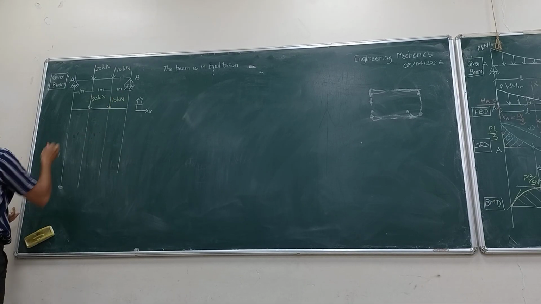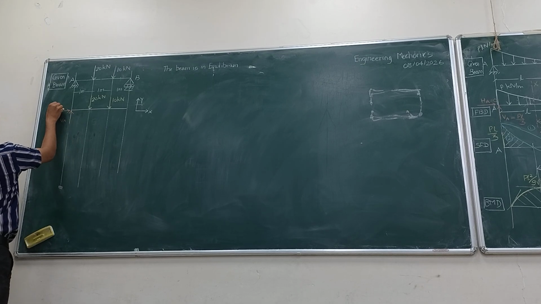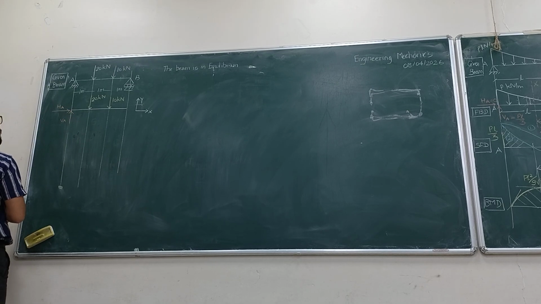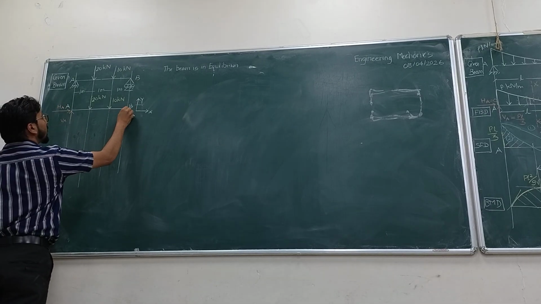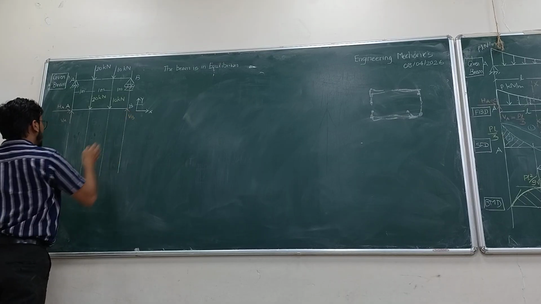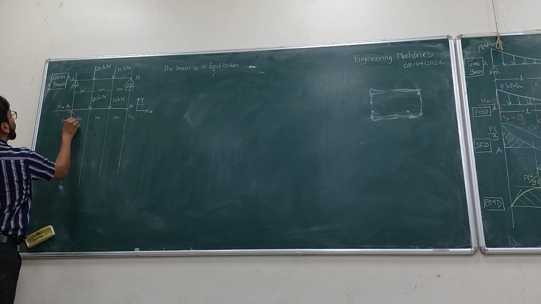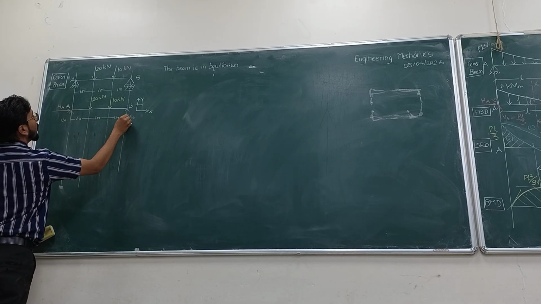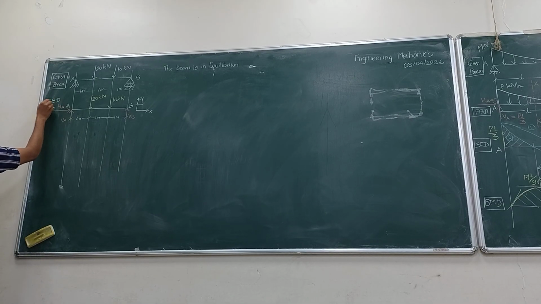The reactions at the supports are VA, vertical at support A, HA, horizontal at support A. This is point B. There is a vertical reaction at roller support B, VB, and the distances are 1 meter, 1 meter, 1 meter. This is your FBD, free body diagram of the beam.